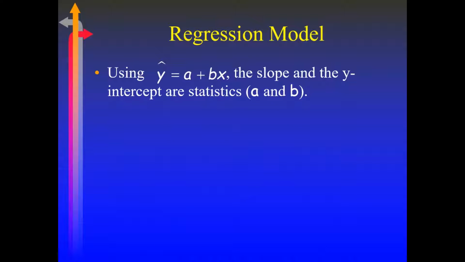Look, y hat equals a plus bx is a model that we've been working with that we get through sampling. It provides us with a slope for our LSRL and a y-intercept: a for the y-intercept, b for the slope. Those are always lowercase, regular, non-Greek letters, because they come from a sample.